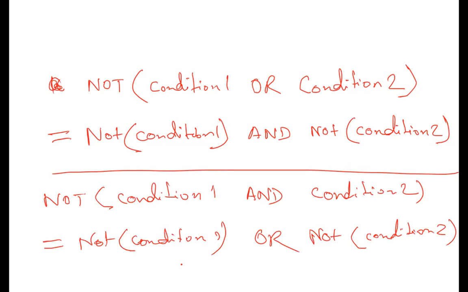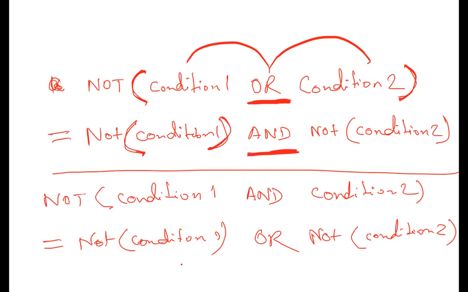If you are using an OR operator and joining all the conditions together and then reversing it, it is similar to individually reversing these conditions and then joining it with AND. Same thing. You can write in this form or this form. So it's kind of De Morgan's law, right?